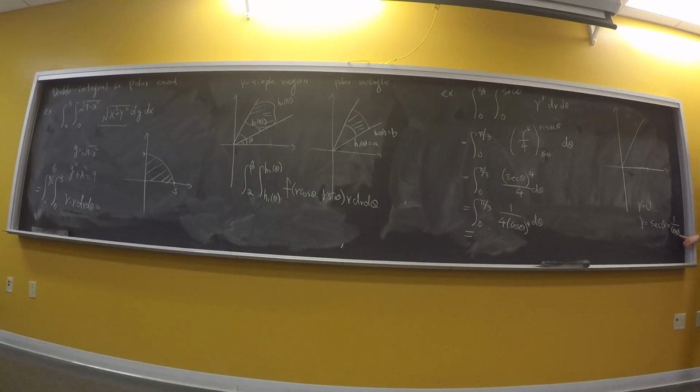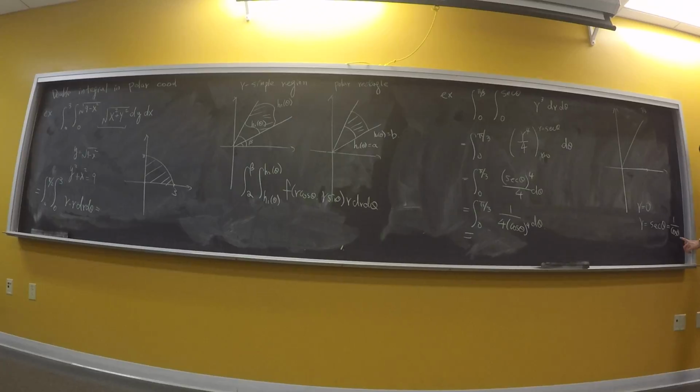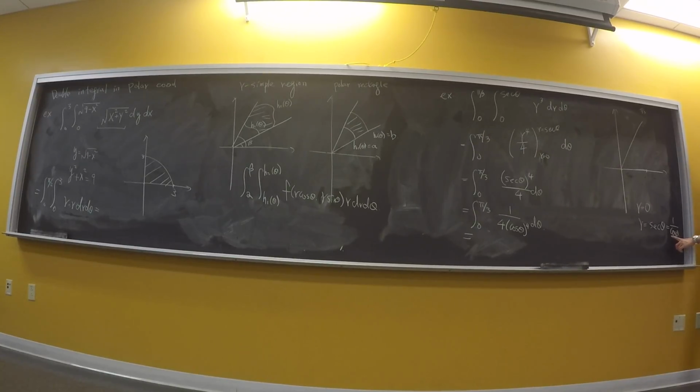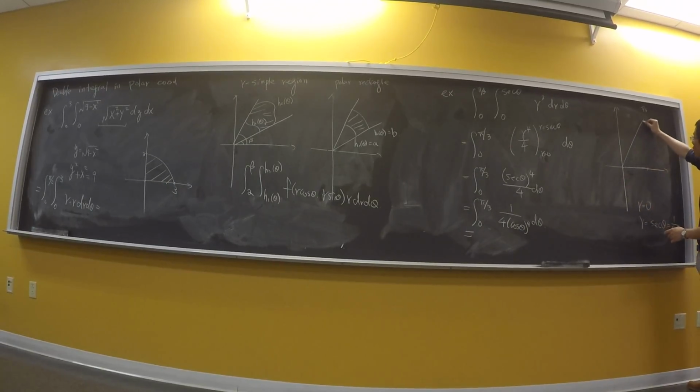I can choose theta to be equal to, for instance, pi divided by 3. If theta is equal to pi divided by 3, then cosine theta is equal to 1/2, so r as the radius will change from 0 to 2.